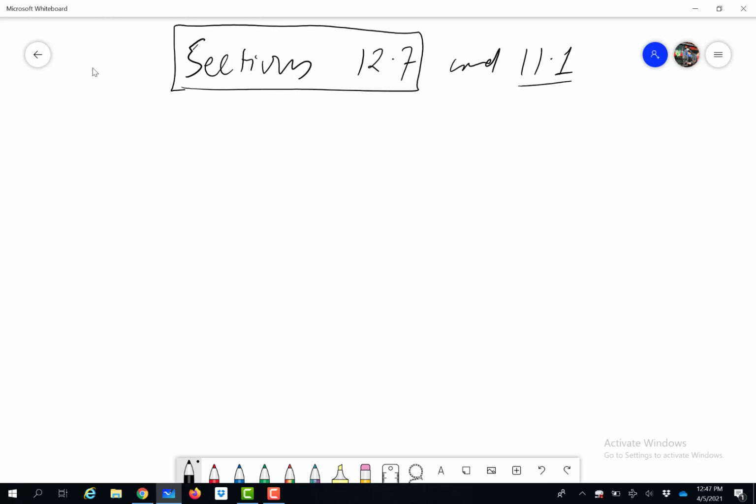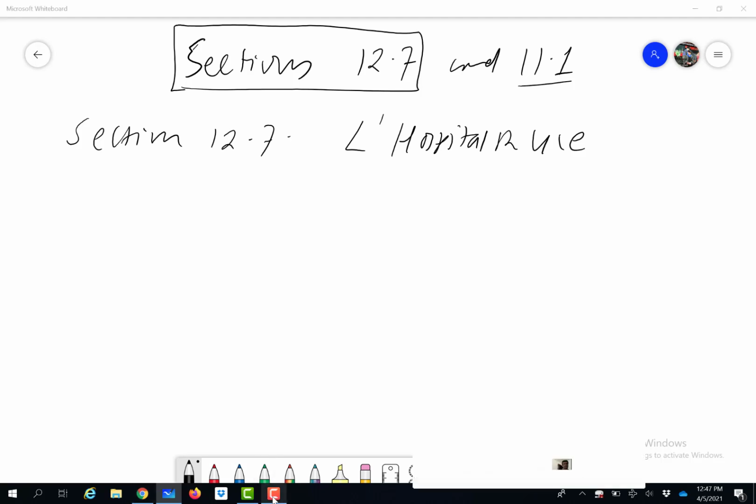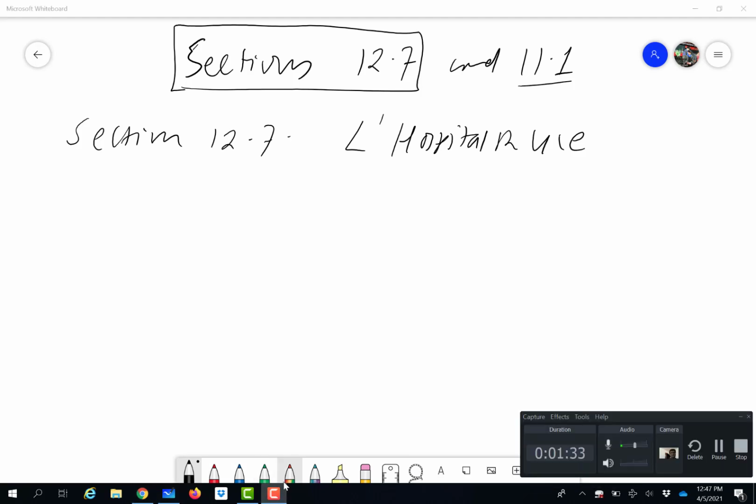So what is in section 12.7? Section 12.7 is about L'Hopital rule. Yeah, this is about L'Hopital rule.